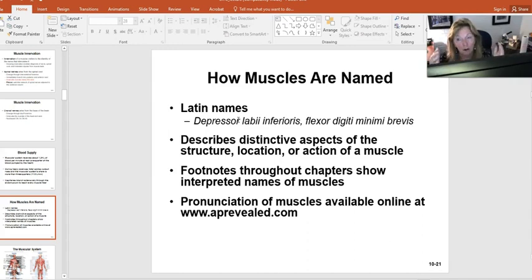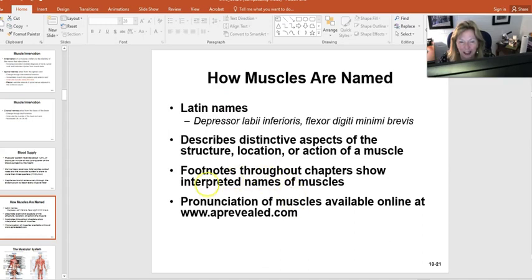If we use all of that information together that we have already learned and not forgotten, not memorized, but learned, then the names of these muscles really aren't as intimidating as you might think when you first look at the list. And I don't want you to be intimidated by it.